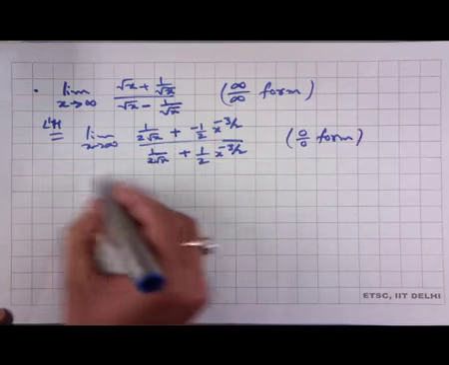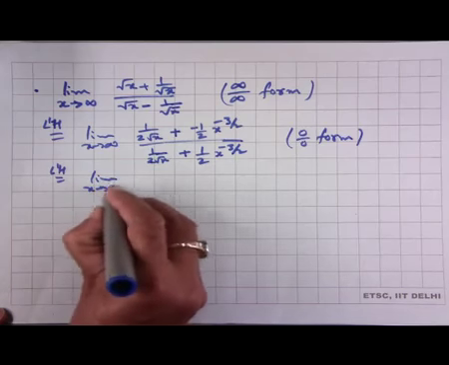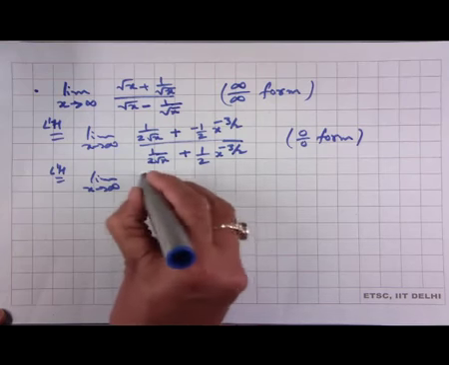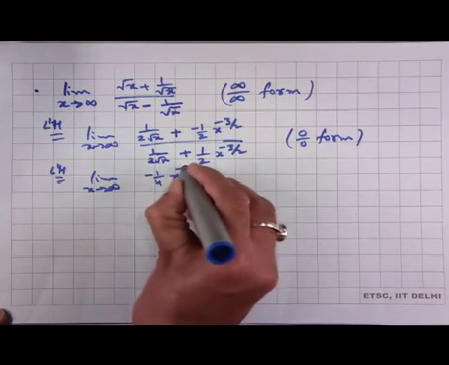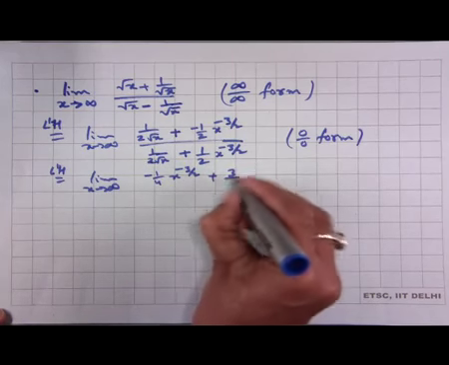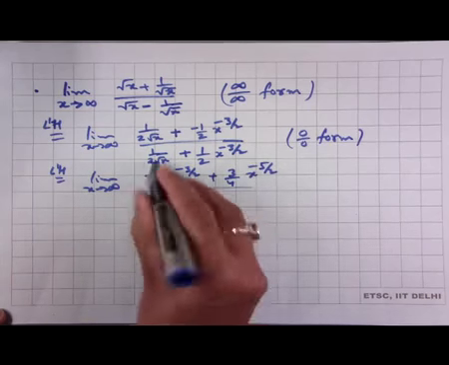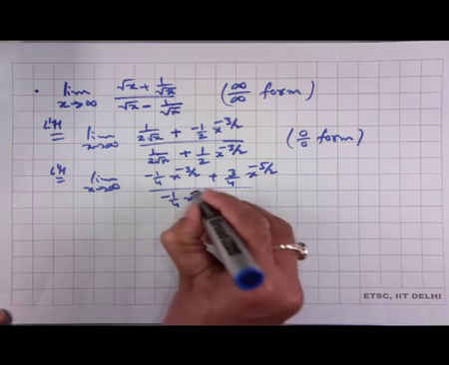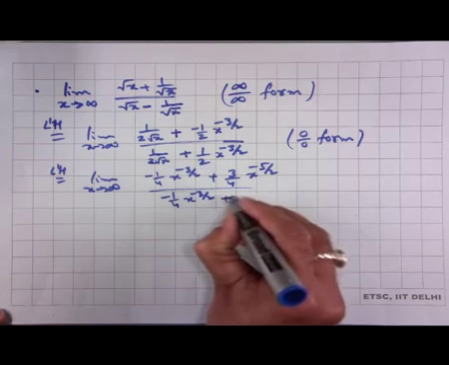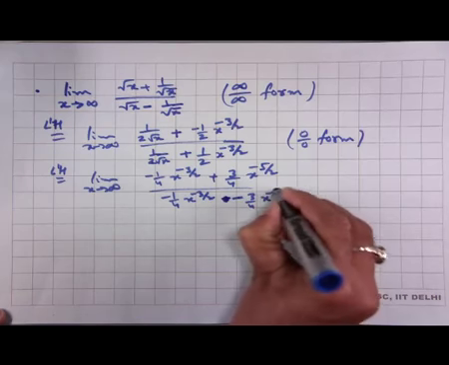If we apply L'Hopital rule again, we get the limit x going to infinity of minus 1/4 x to the minus 3 by 2 plus 3 by 4 x to the minus 5 by 2, divided by minus 1/4 x to the minus 3 by 2 minus 3 by 4 x to the minus 5 by 2.